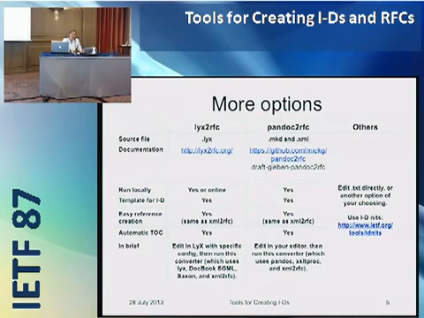And what's the advantage of having an XML file? The advantage of having an XML file is when you submit your internet draft to the ID submission tool, it gives you the option to upload a text file. That's the required one, is the .text. Then you could also submit an XML file. And that's useful in the sense that other people might want to use that XML file as a starting point.